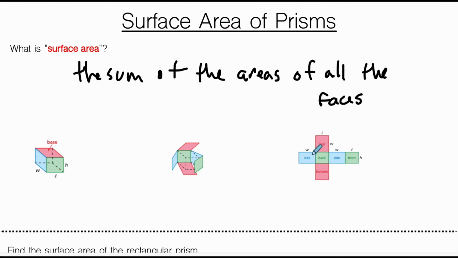Right now, I'm circling this, we're looking at the net of a rectangular prism. And we can see there's the top and the bottom. That was over here. It's all color-coded. The two sides, and then the back and the front of the figure. Now that you can see everything laid out flat, you could probably pretty easily find the area of each of the 6 surfaces and then sum them all together.